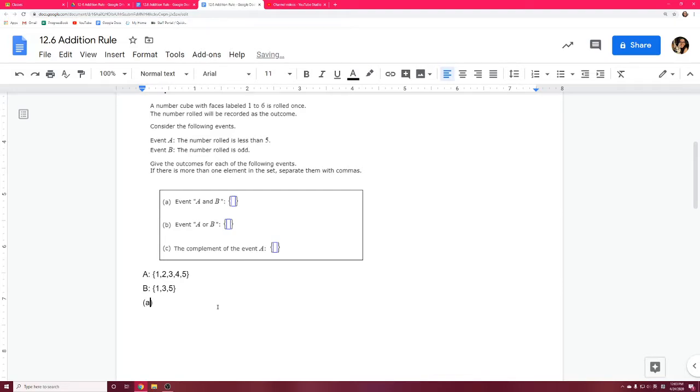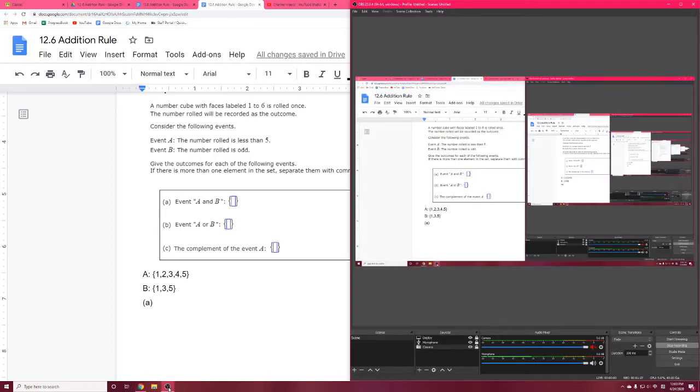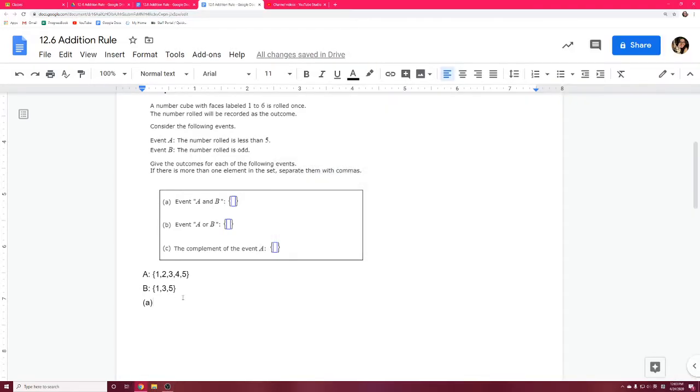Alright, A and B. So event A and B is talking about the number rolled is less than 5, and at the same time, the number rolled has to be odd.